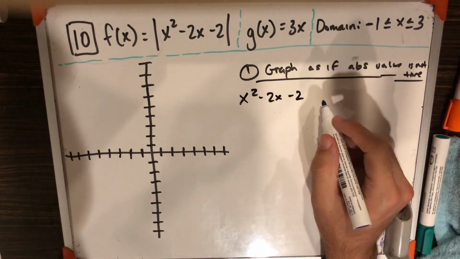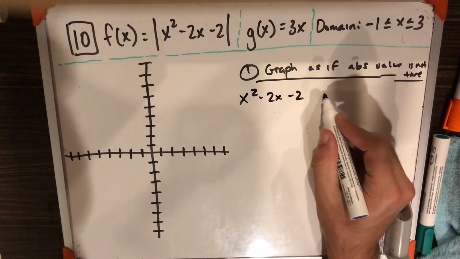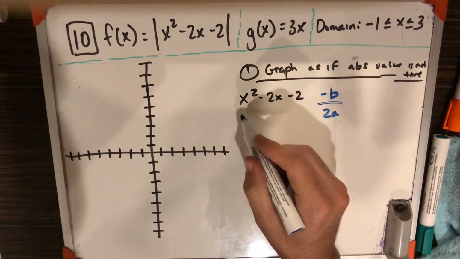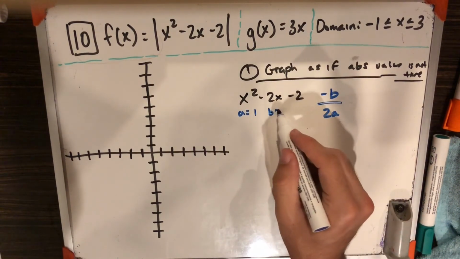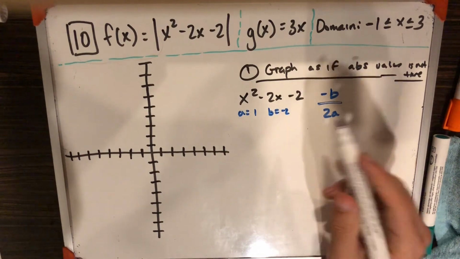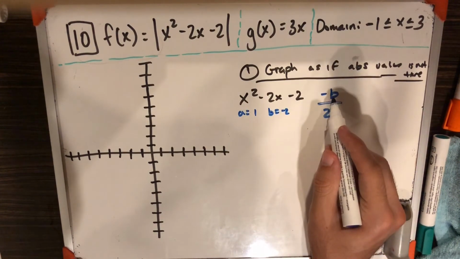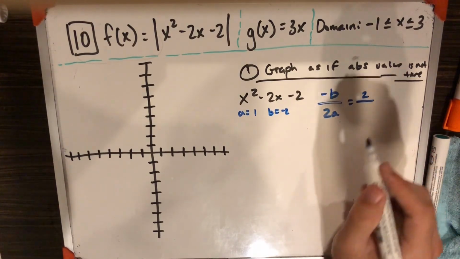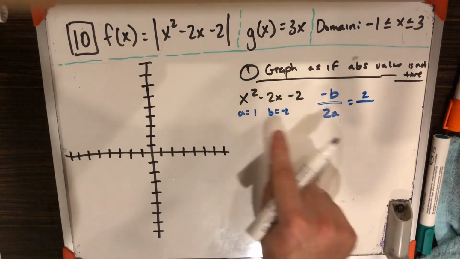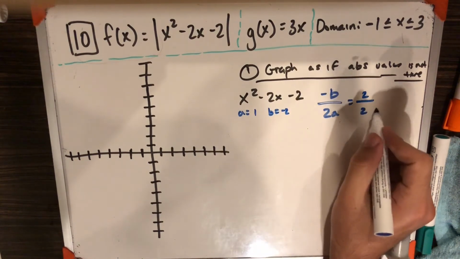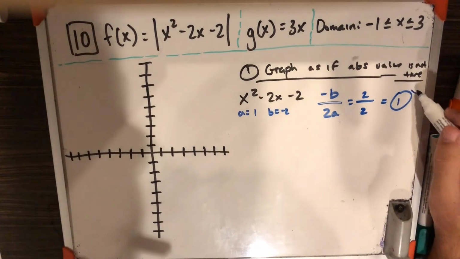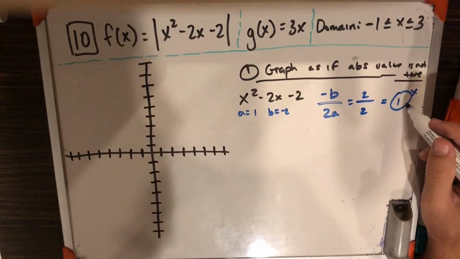I need to consider my vertex first, right? I know this is how I find my vertex. I know A is equal to 1, B is equal to -2. So I'm going to plug in -2 here. Well, negative and negative makes positive, so this actually should be a 2. And A is 1, 2 times 1 is 2, so once again I have an x of 1, okay? Well, the x portion is 1.